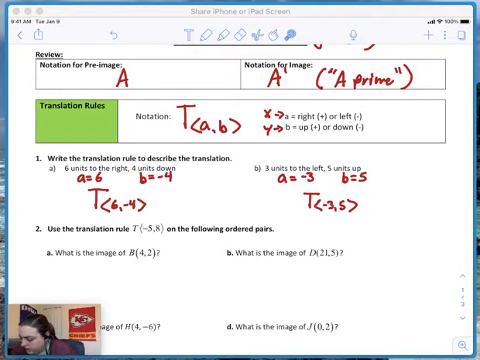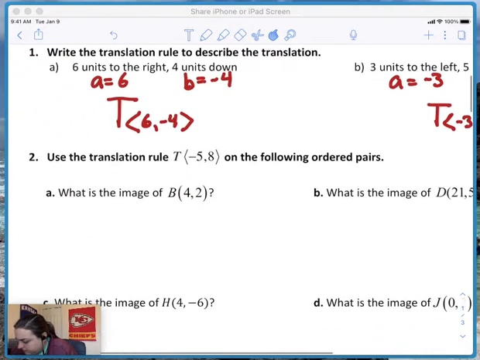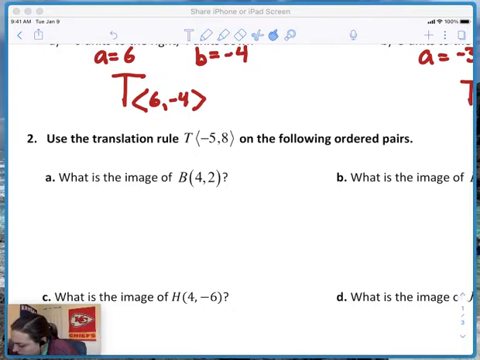So now we're going to use the translation rule. They're giving us the translation, and then we are going to find the image. So this is the pre-image, and then we're going to find what the image is of B of 4, 2. So what we're going to do here is take 4 minus 5, and we get that from here.